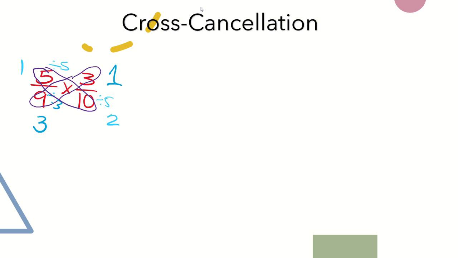So now, if this is a little bit confusing, let me rewrite it. So now I have 1 over 3 times 1 over 2. Do you see how that made those fractions so much smaller than what they were? And then I'm going to just multiply straight across. 1 times 6.